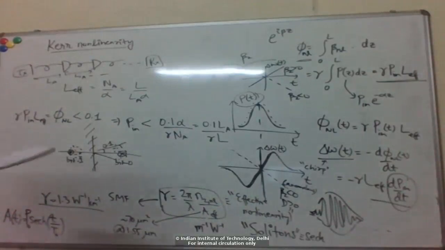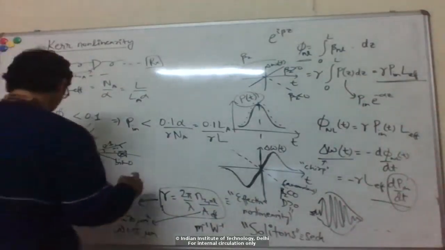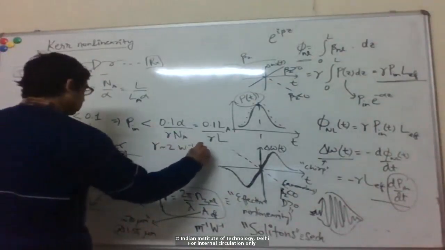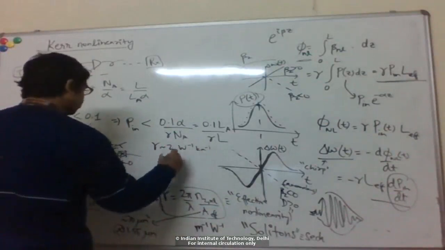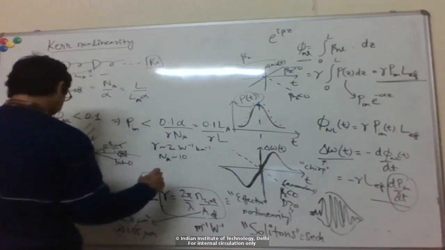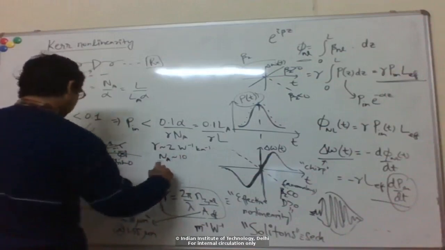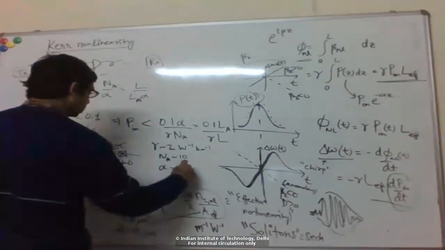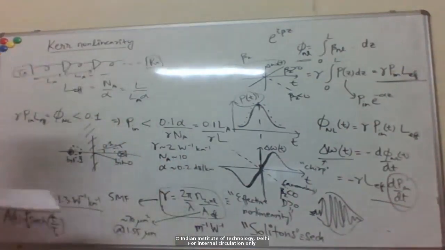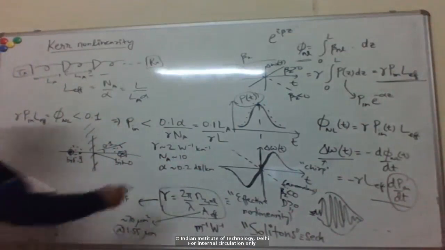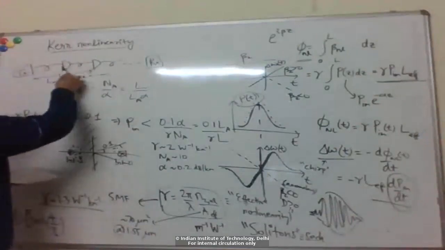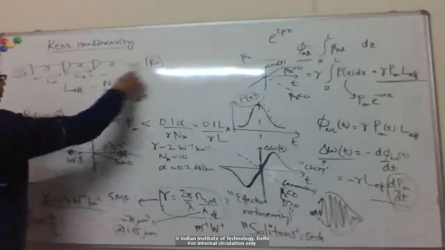So if you again put some typical numbers here, for example, gamma 2 per watt per kilometer, let's say you have 10 amplifiers in the link, and alpha 0.2 dB per kilometer. Typically the amplifier spacing is again 50 to 100 kilometers. So let's say if it's 100 kilometers, this would mean a 1000 kilometer link.